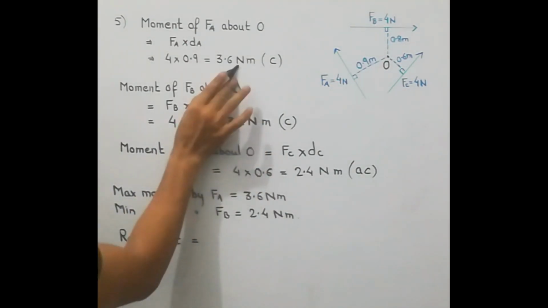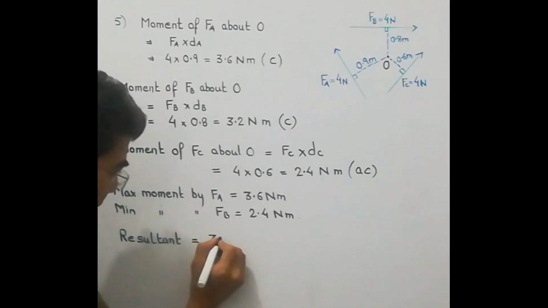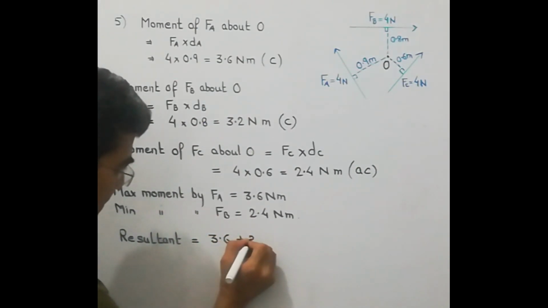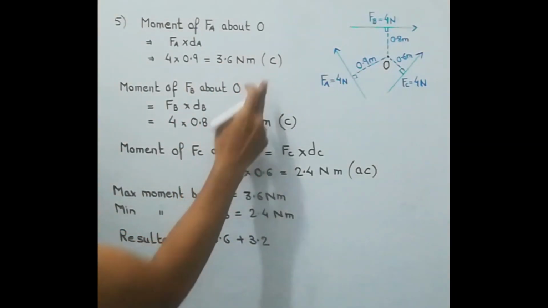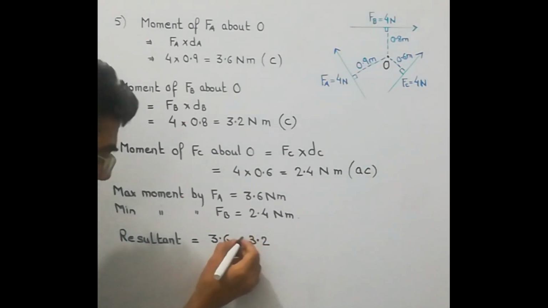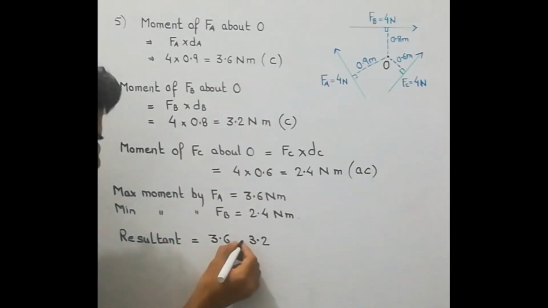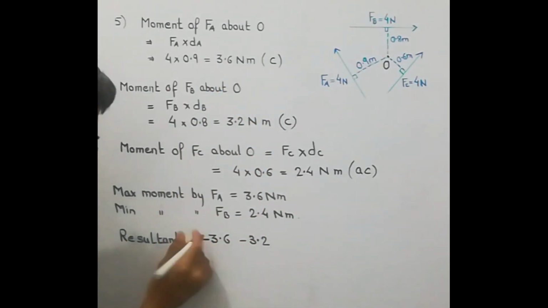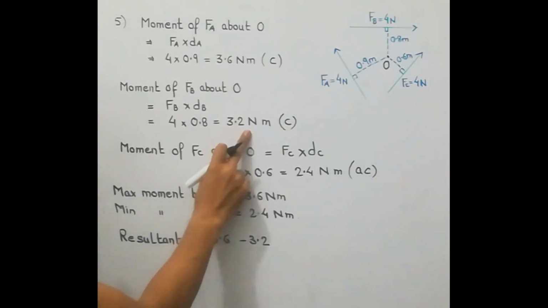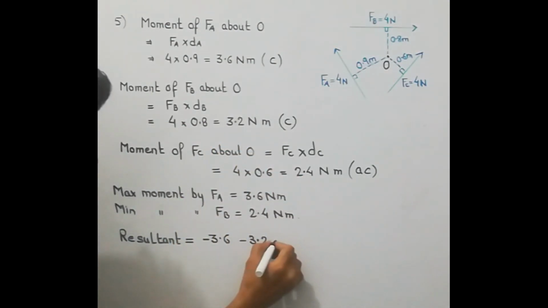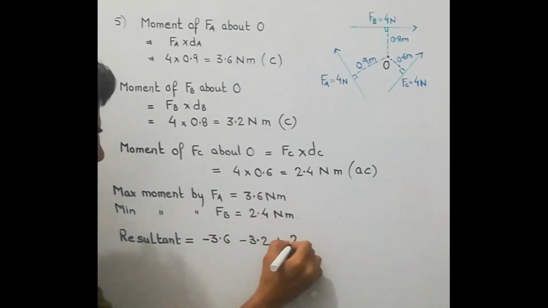These two are the same direction. But as you can see, they are in clockwise, and clockwise moment is always taken negative. So this one will be negative, this one will be negative, and this is anti-clockwise, so that one will be positive.